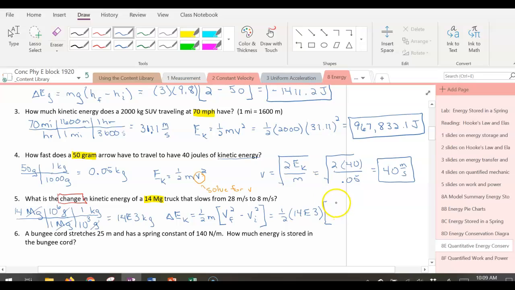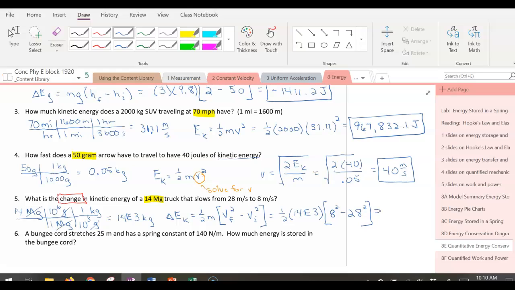It was originally going at 28 meters per second. It ended up going at 8 meters per second. So I've got 8 squared minus 28 squared. Notice that I'm squaring the final velocity and then subtracting the square of the initial velocity. I'm not taking the difference between them and squaring that difference.